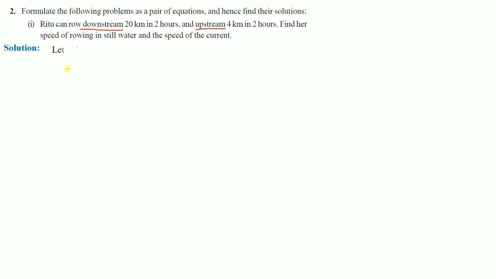So for the solution, let us suppose the speed of Ritu in still water equals x kilometer per hour, and that of the stream, that is of the current, equals y kilometer per hour. Now you understood, y kilometer per hour is the speed of the current and x kilometer per hour is the speed of Ritu.